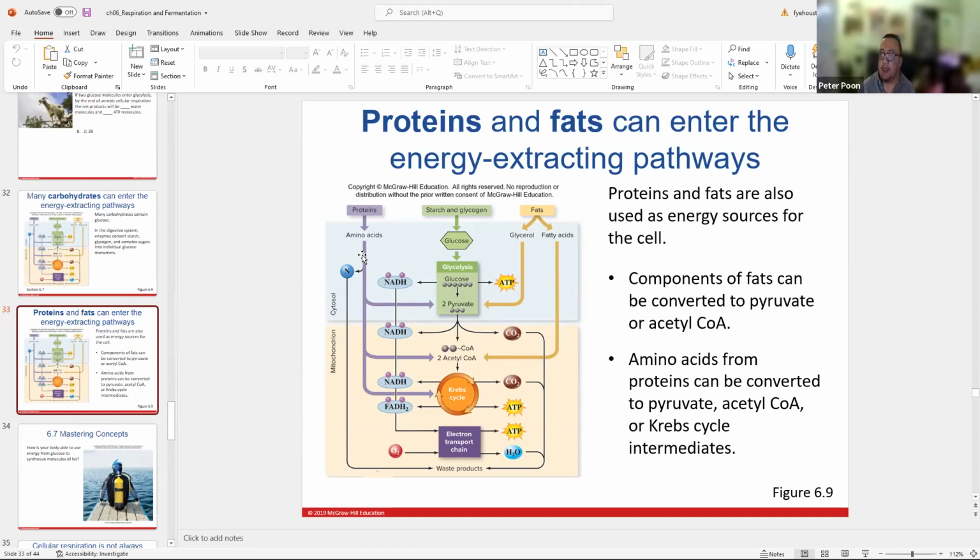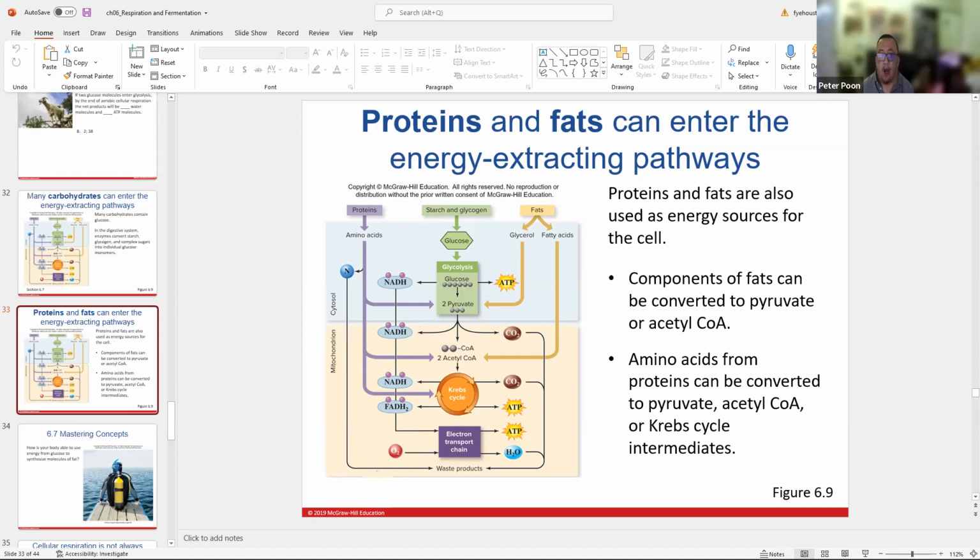The first thing you have to do with amino acids is strip off the nitrogen, and the nitrogen you basically pee out as urea. But the rest of it can go into all these different ways, and you can make energy from everything. So we prefer to get energy from sugar and fat, but we can also get energy from protein if necessary.